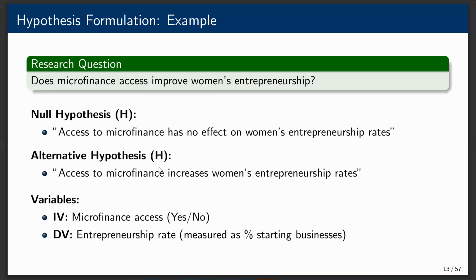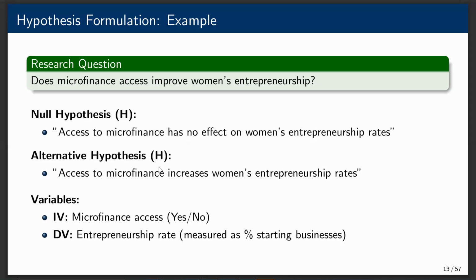Now, hypothesis formulation. Let's check some examples. The research question is, does microfinance access improve women's entrepreneurship? The null hypothesis here is, access to microfinance has no effect on women's entrepreneurship rates.